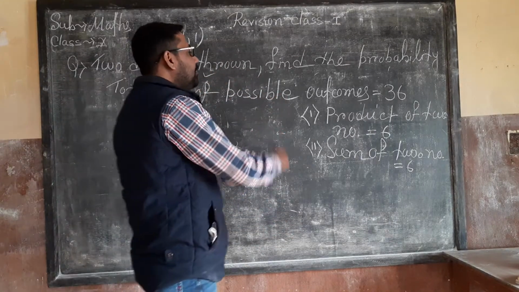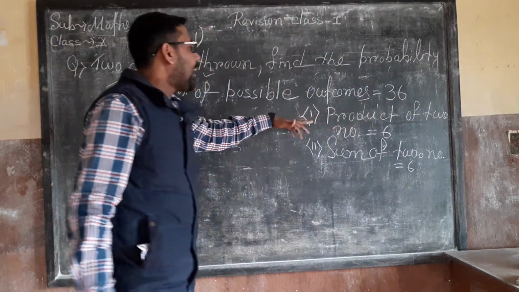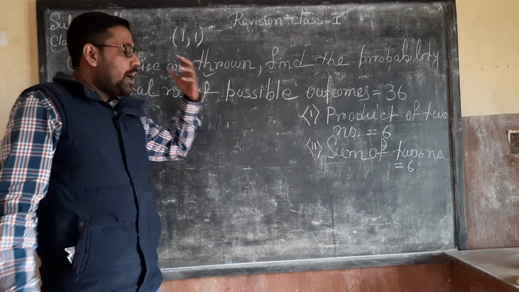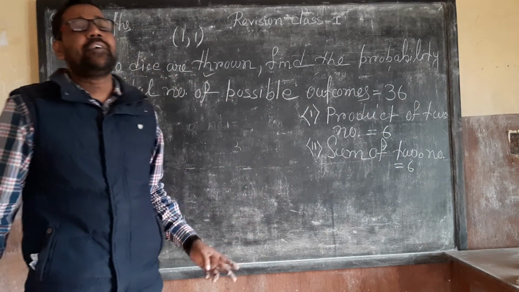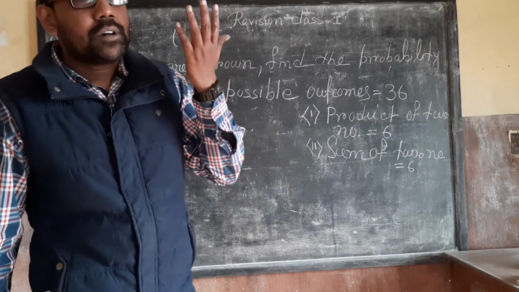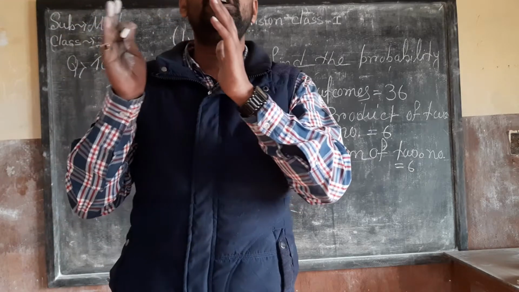Consider the first event: the product of the two numbers is 6. That means after throwing the two dice at a time, the two numbers shown on the two dice have a product equal to 6.